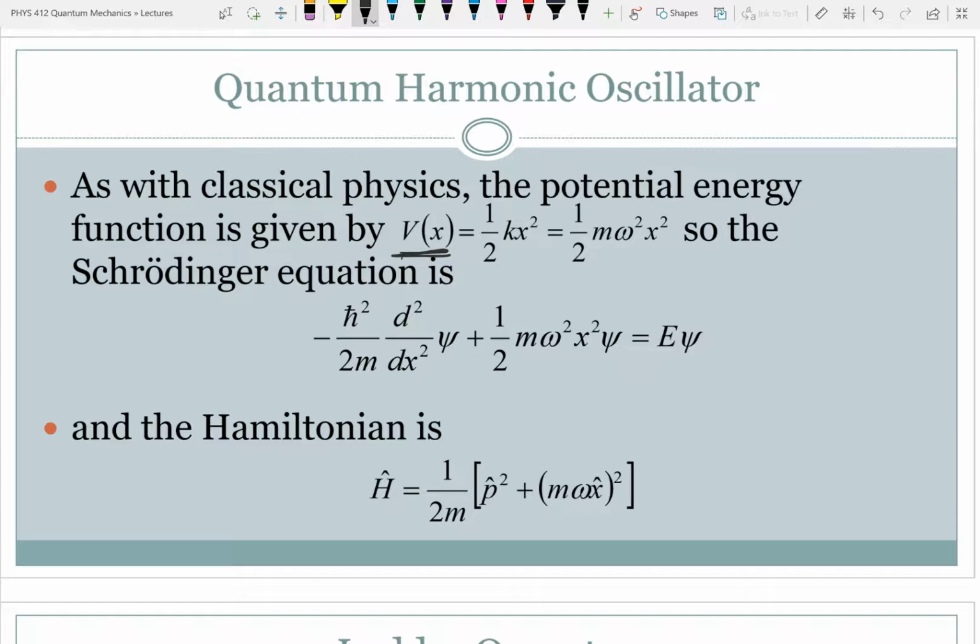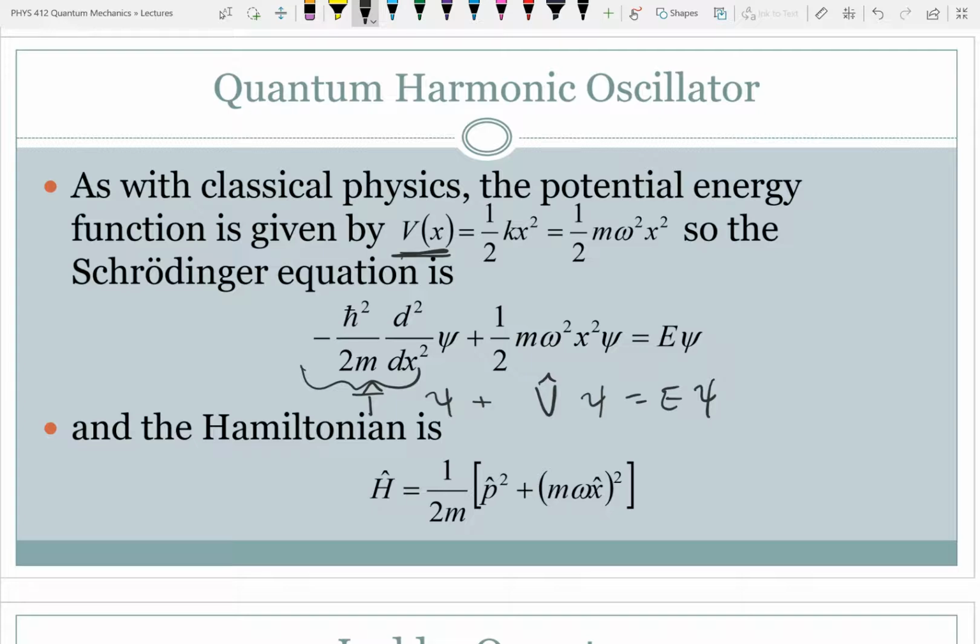So that means our Schrodinger equation here has our kinetic energy operator and our potential energy operator. I'm going to use the carets for operators today because it'll save me a lot of writing. Equals my energy eigenvalue times the wave function. So there's my Schrodinger equation.